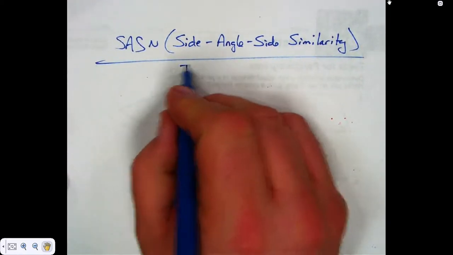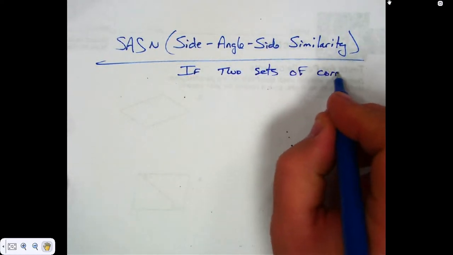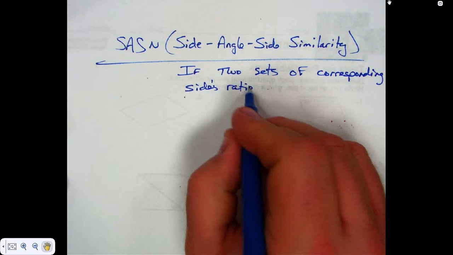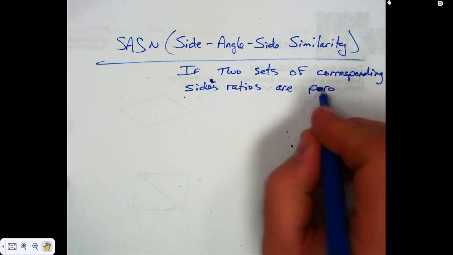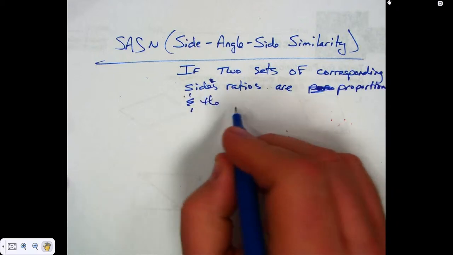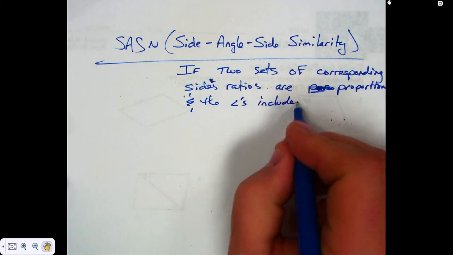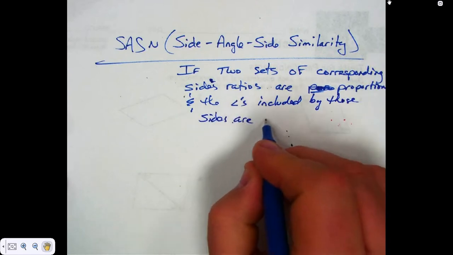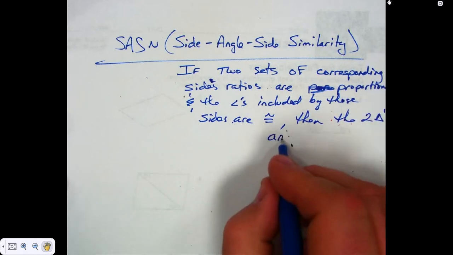Now, how it works. If two sets of corresponding sides ratios are proportional, and the angles included by those sides are congruent, then the two triangles are similar.